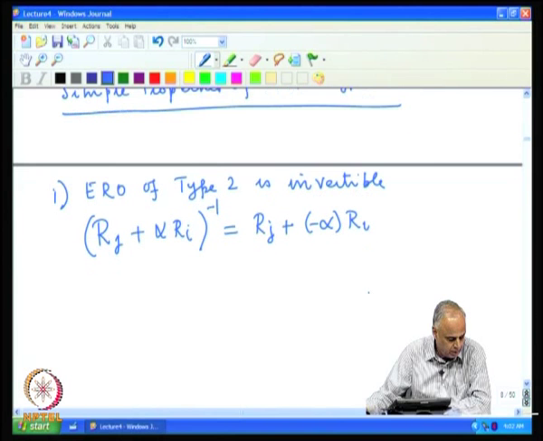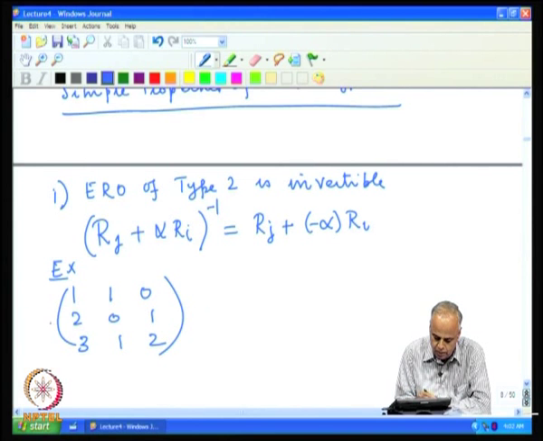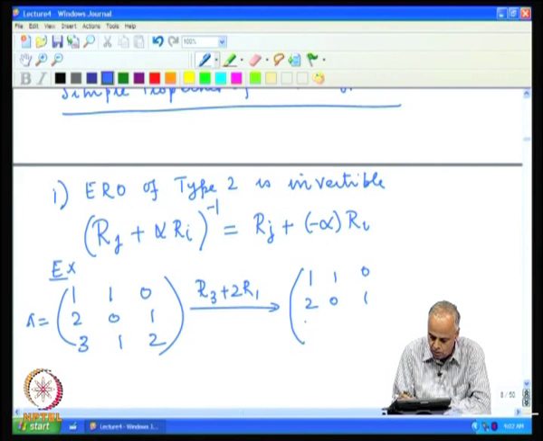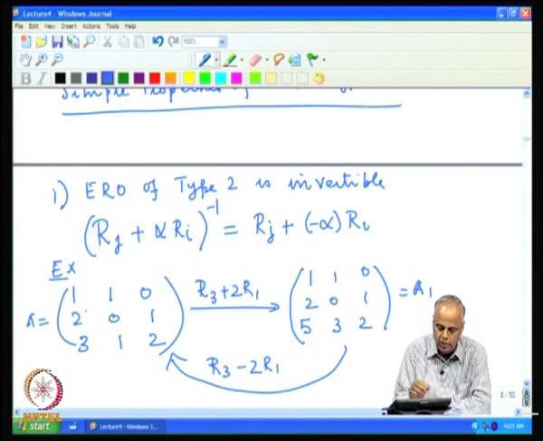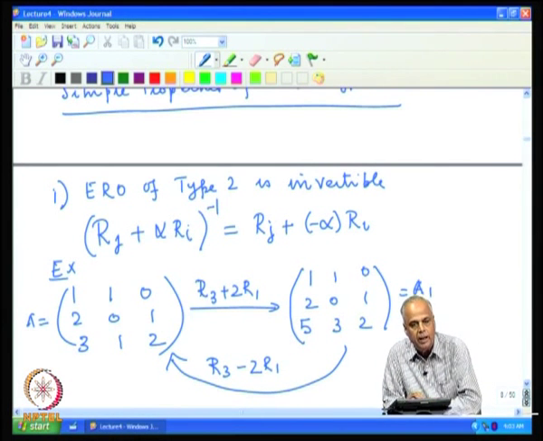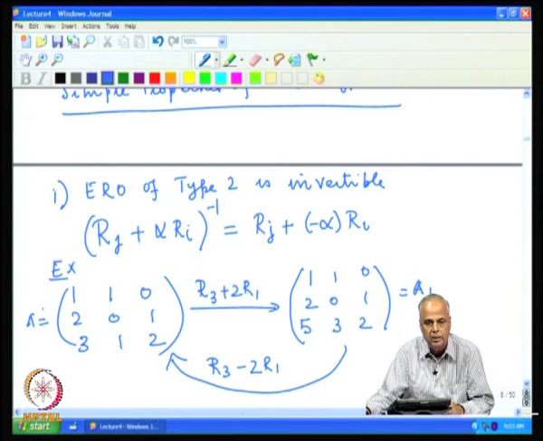For example, in the above example we had 1 1 0, 2 0 1, 3 1 2, and this was the matrix A, and we had R3 plus 2R1, and we got 1 1 0, 2 0 1, 5 3 2. Now, to annul this, if we do R3 minus 2R1, we will get back to A. This is what we mean by saying that the ERO of type 2 is invertible.